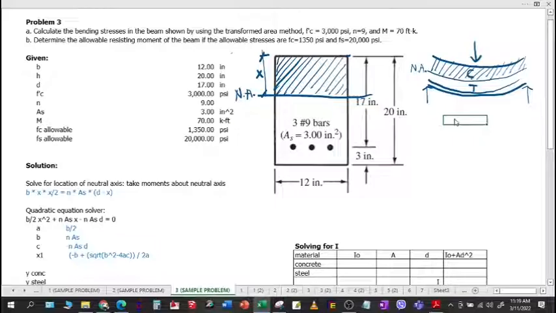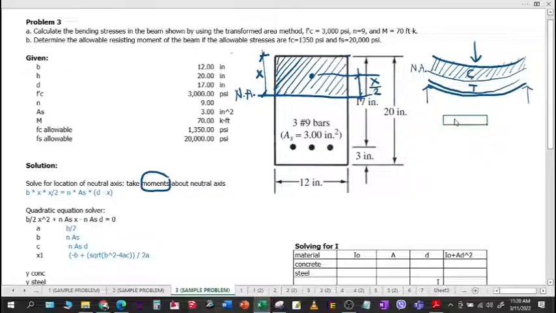Now, to solve for that location, we take moments about the neutral axis. Take moments about the neutral axis. Okay, because the moment is 0 at the neutral axis because it's neither compression nor tension. So if we take moments, we need to get the distance from the centroid of that certain area to the neutral axis. So for concrete, the location of the centroid is at x over 2.